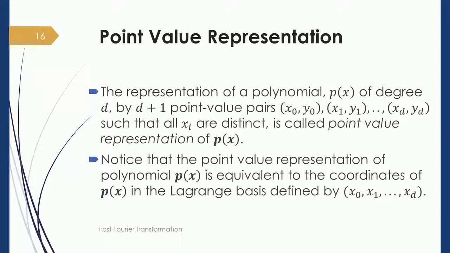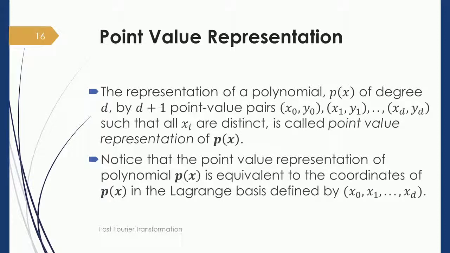Now, all the x sub i's must be distinct, and this will uniquely represent the polynomial of degree at most d. And this is an obvious consequence of the unique interpolating polynomial theorem that we have already looked at.